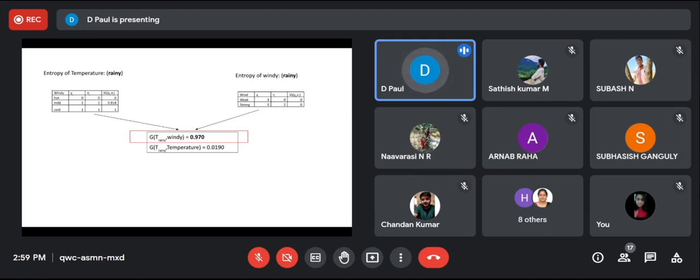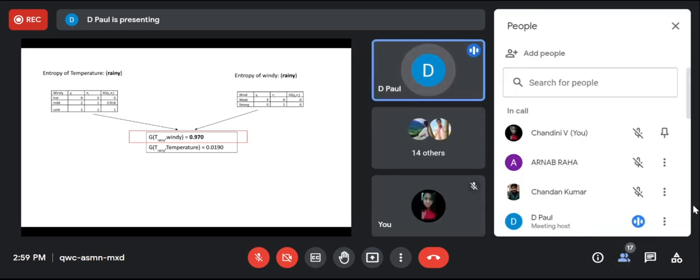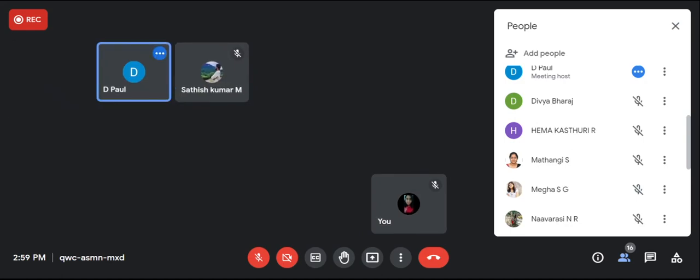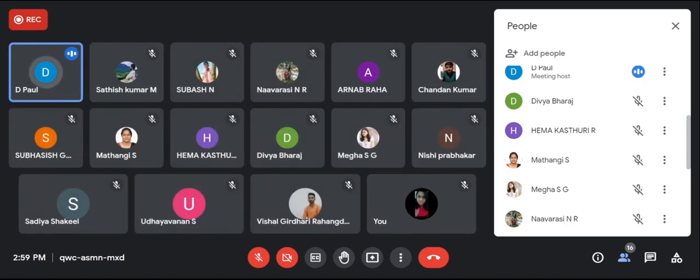In the same way, the subset of that particular attribute is also calculated, and that step keeps repeating until we get the leaf nodes. So I'll just show you in Weka.